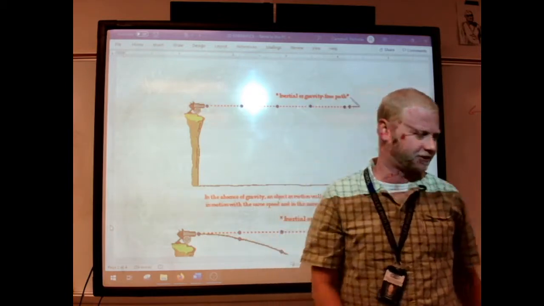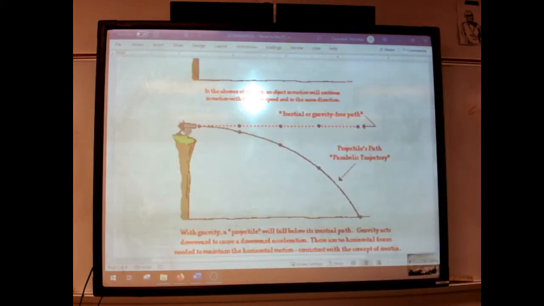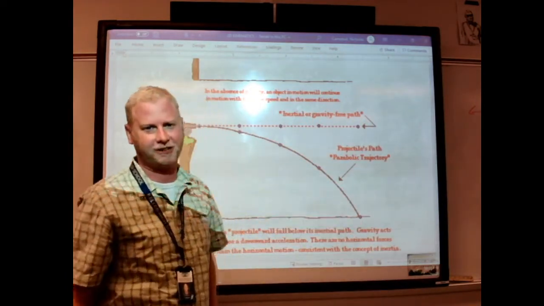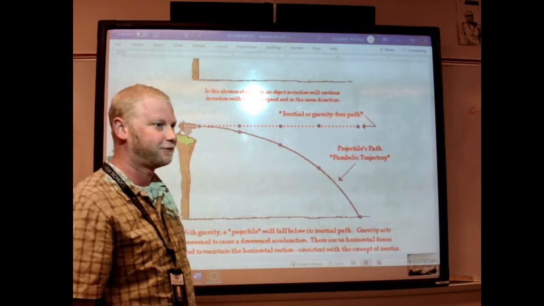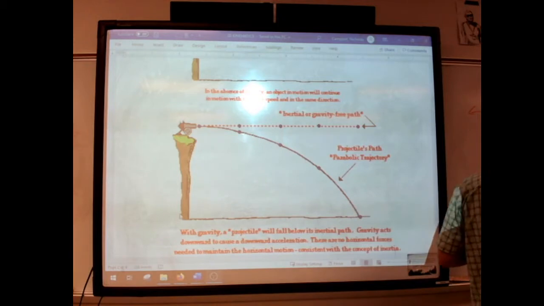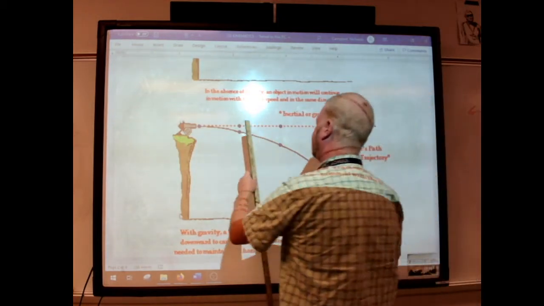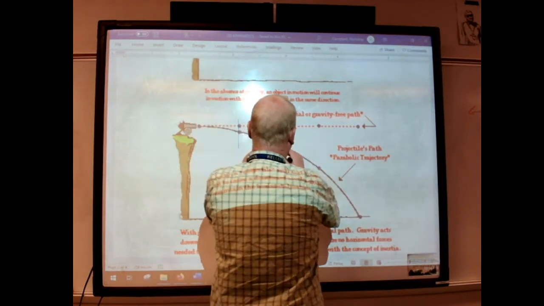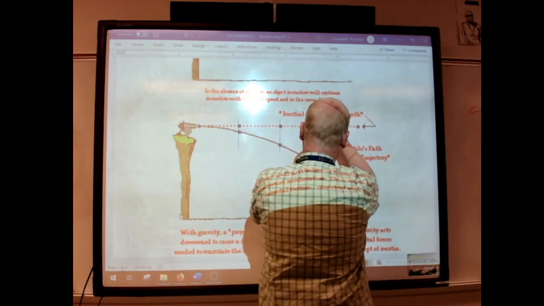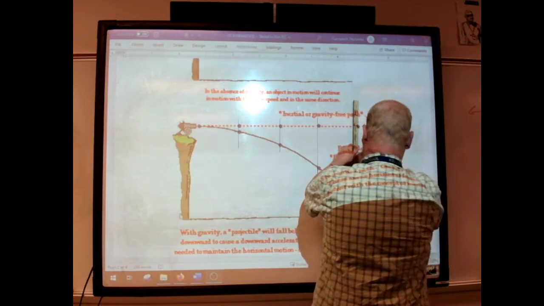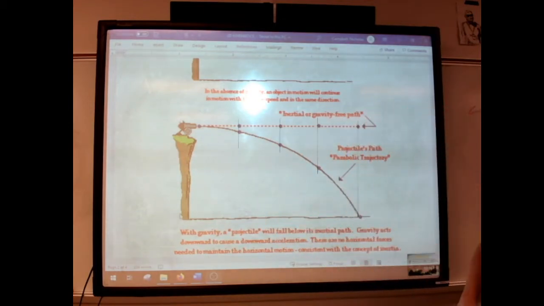Now what happens if we turn gravity back on? Notice this horizontally launched projectile will eventually come crashing to the ground. Well, why? Because there is the force of gravity acting on it. Now one thing to consider though: if we look at the horizontal position of the cannonball at those same times, what can we say about it?